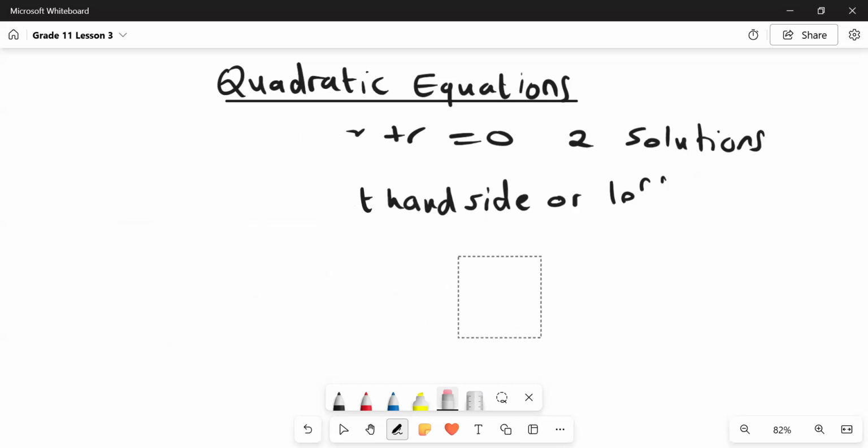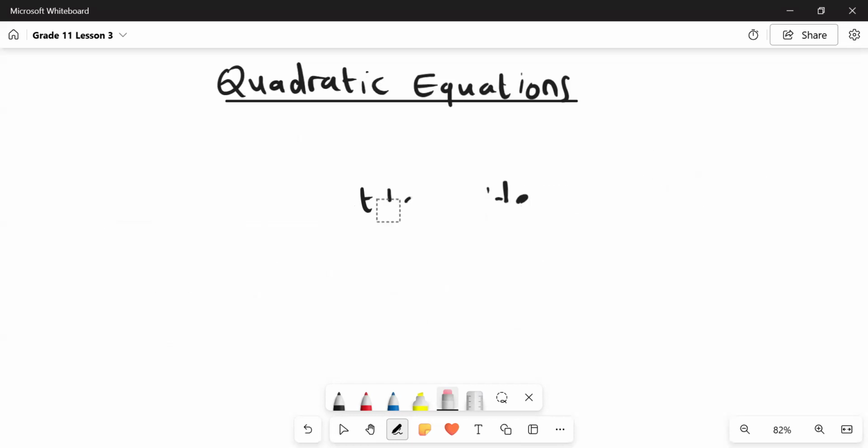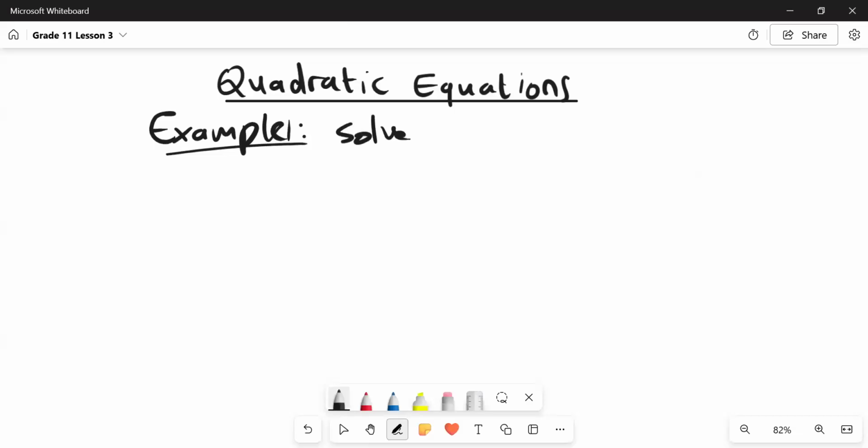So let's move to example 1. Let's quickly move to example 1. They're saying solve for x, right? We have to solve for x, and then we are given x squared minus 16 equals to 0.